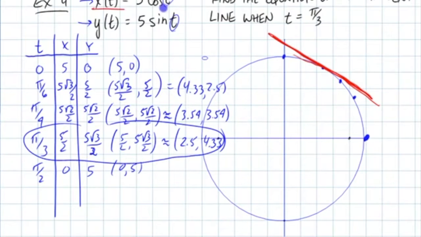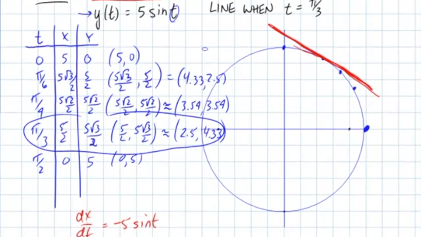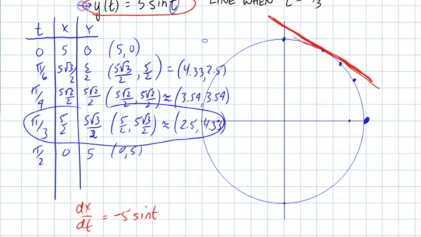Since we have x written as a function of t, we can calculate the derivative dx/dt. That would be negative 5 sine t. Similarly, since we have y written as a function of t, we can calculate the derivative dy/dt, which is 5 cosine t. Now dy/dx is equal to dy/dt over dx/dt.